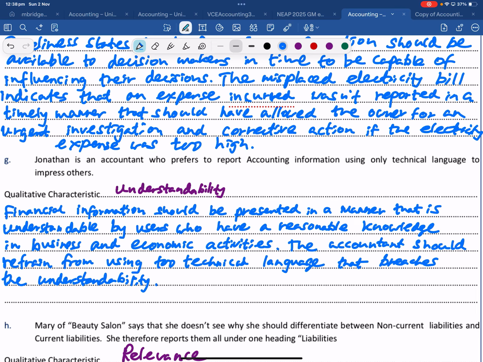Yeah, good. So basically, guys, why is it not understandability? Relevance is, I'll quickly tell you, because this is just talking about liabilities only. Remember there was another question before that, liabilities and assets? That one was both assets and liabilities. That one, understandability, no problem. This one is specifically about liabilities. Why do we need to, let's say assets, forget about it, not classified, we don't really care. Liabilities we classify. And why?